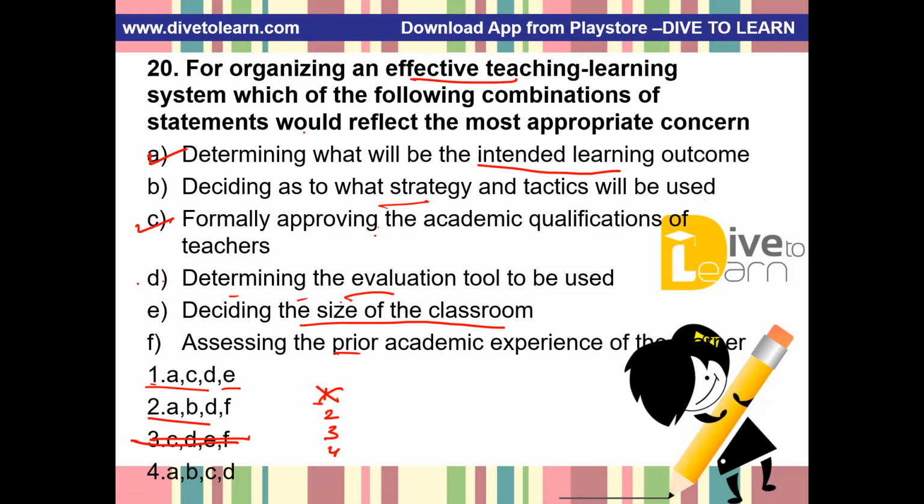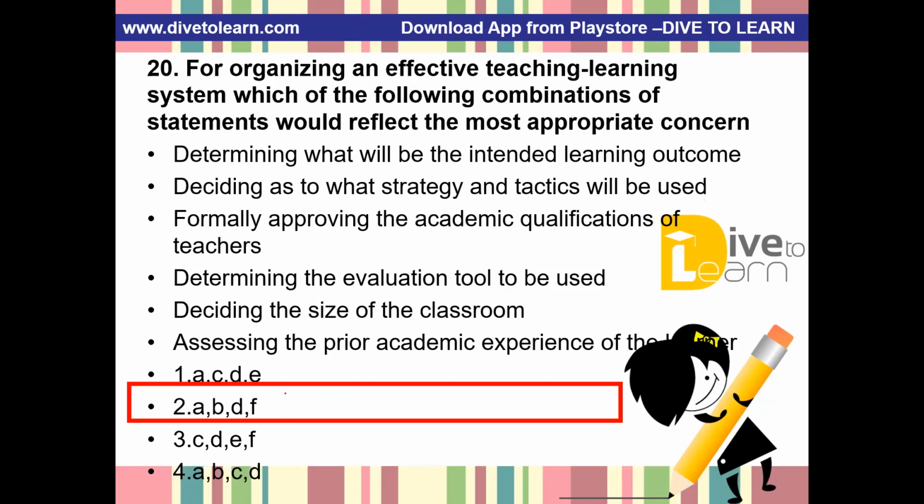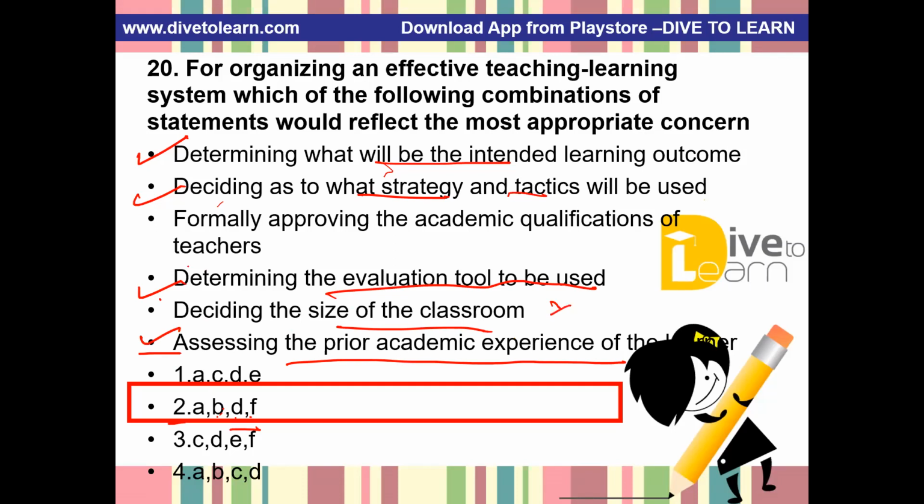Yes, this looks better: A, B, D, F. Determining what will be the intended learning outcome, yes, certainly. Deciding what strategy and tactics to be used, evaluation tool to be used, and prior academic experience. Size of the classroom can be relatively less important.